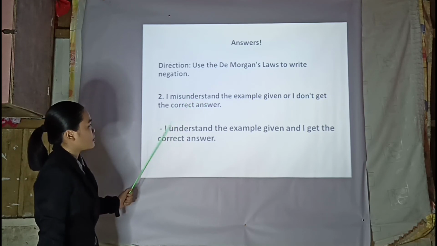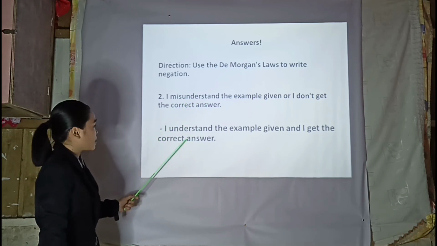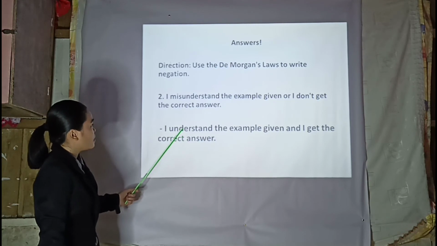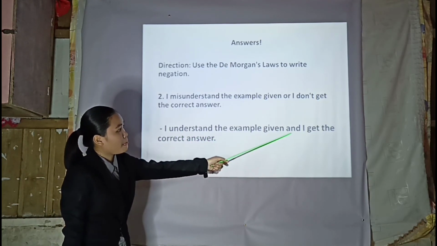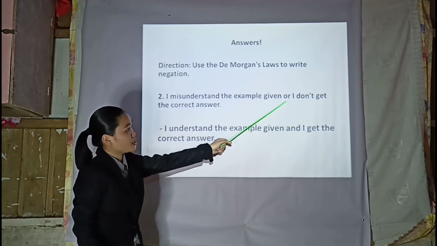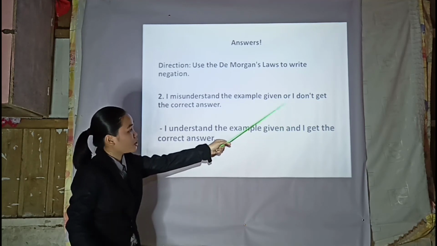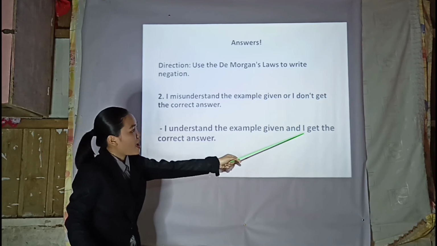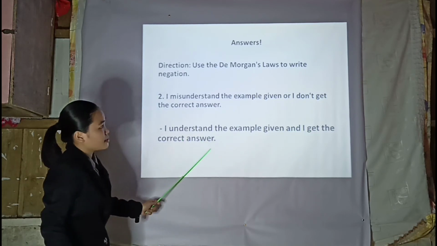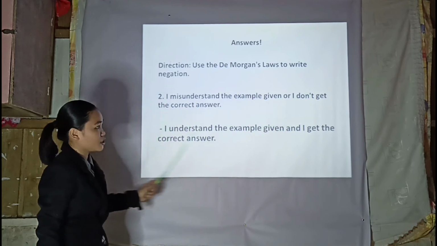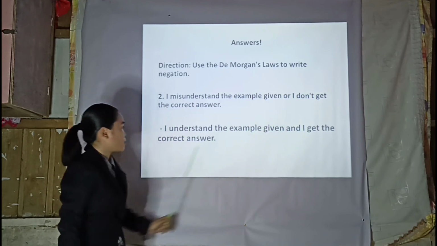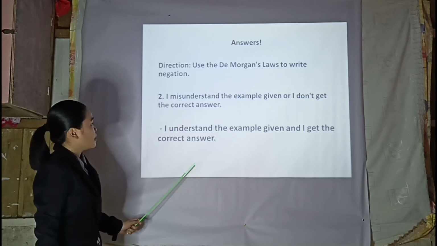From the negative, it will become positive. So I understand the example given, and because we use an or connective here, it will become and. I get the correct answer. From the statement I don't get the correct answer, it will become I get the correct answer.